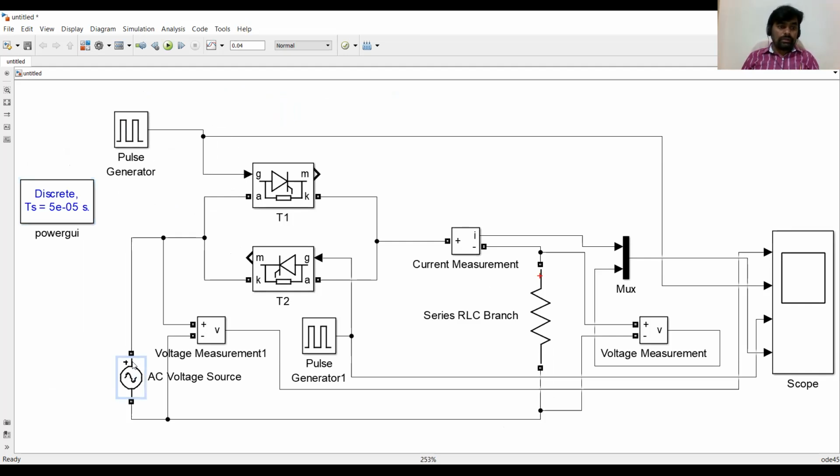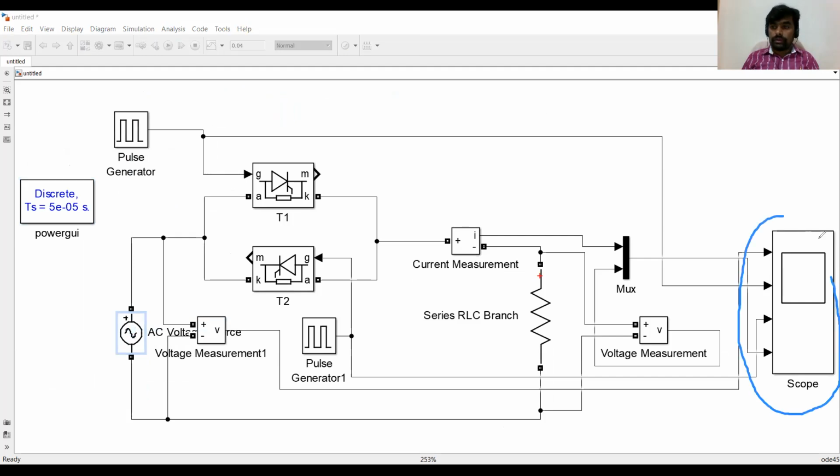Now I will run the system and let me see whether I am getting the waveform as discussed in the document or not. Let me run this for 2 cycles, that is 0.04 time period. And now you can see here.